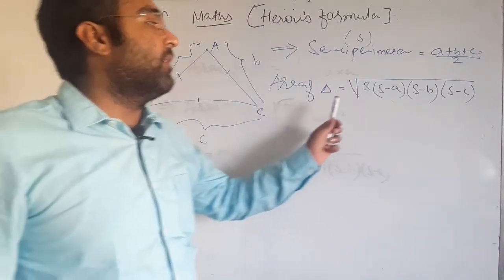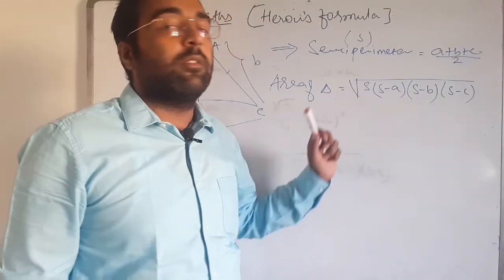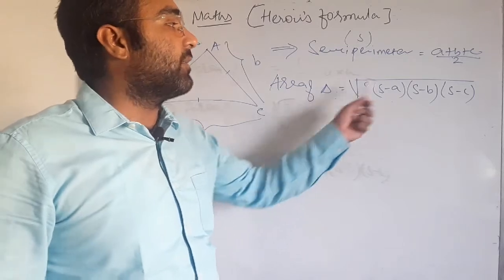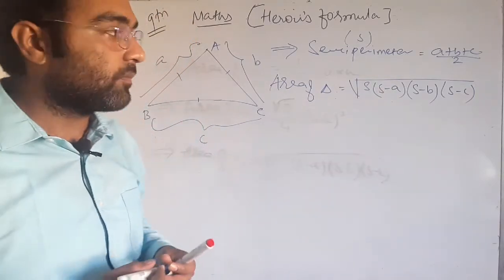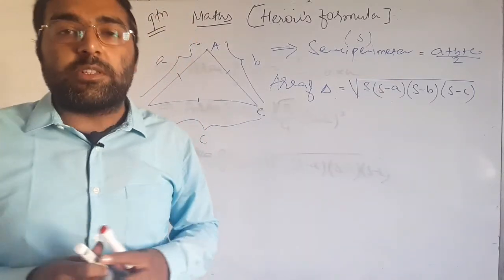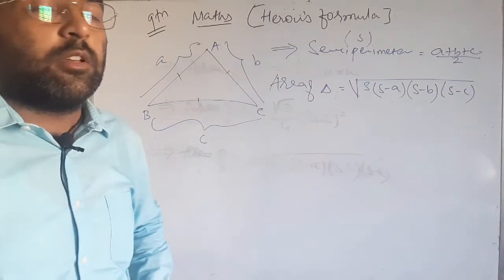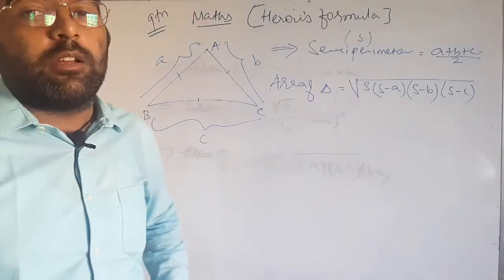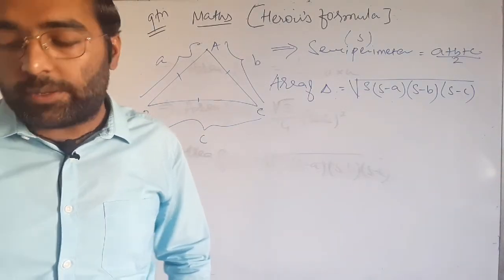After that, multiply all of these numbers and find the square root. Students, you must know about the square root of numbers, so you can easily find the area of a triangle.